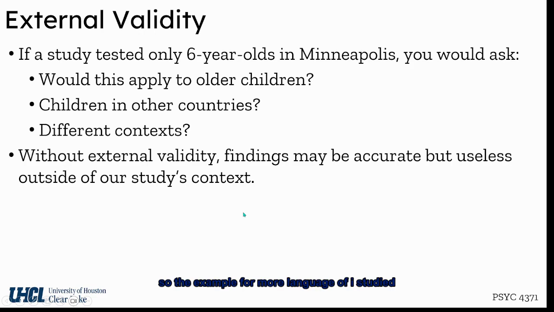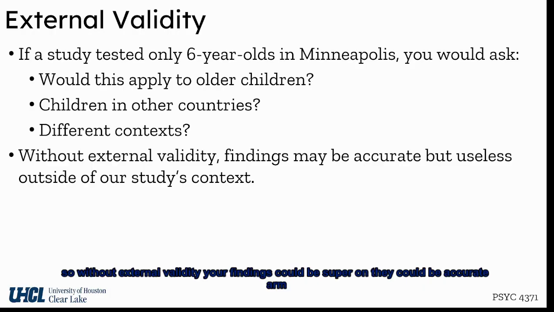So the example from Morling was if I studied 6-year-olds in Minneapolis, I want to ask myself questions like, is this going to apply to 12-year-olds? Is it going to apply to children in France and then in other contexts? So without external validity, your findings could be accurate, but they would be useless outside of the context of your particular research situation.